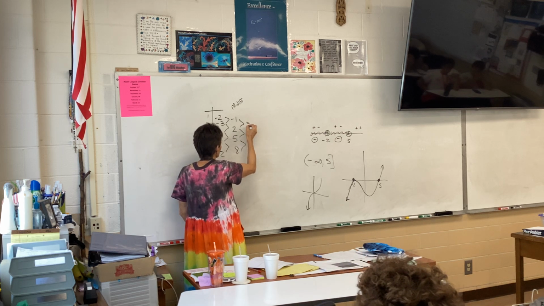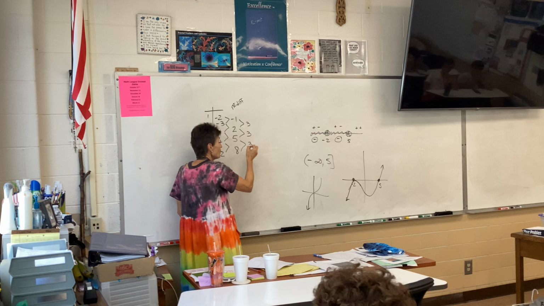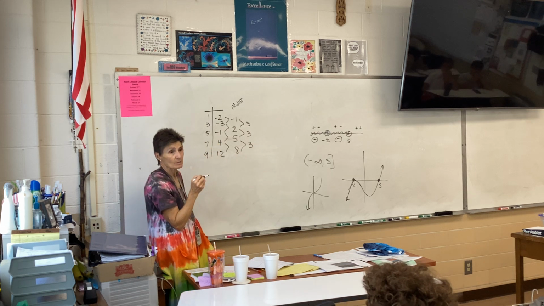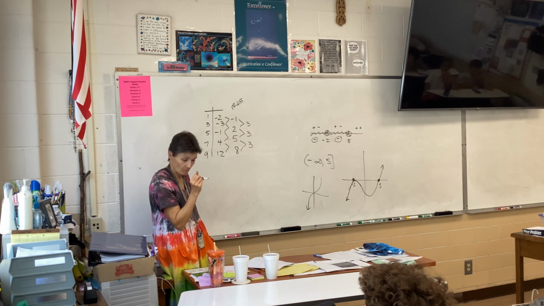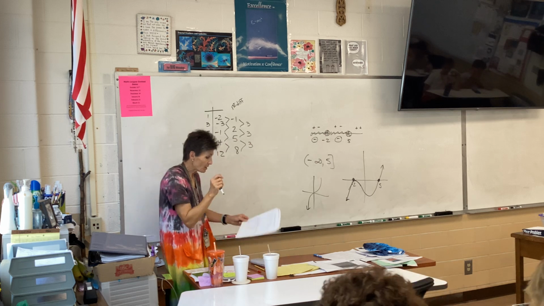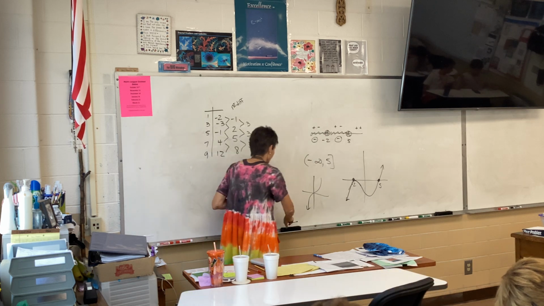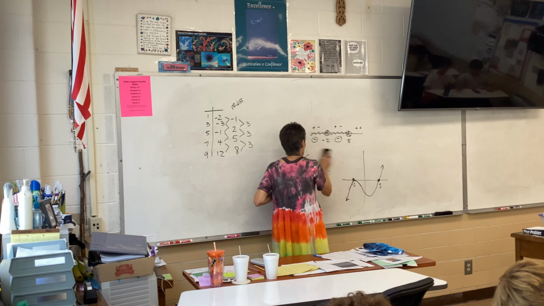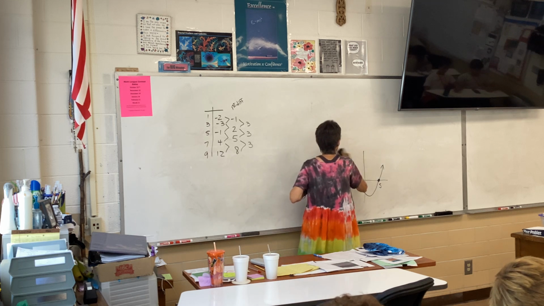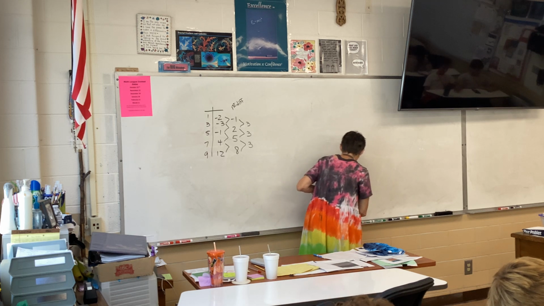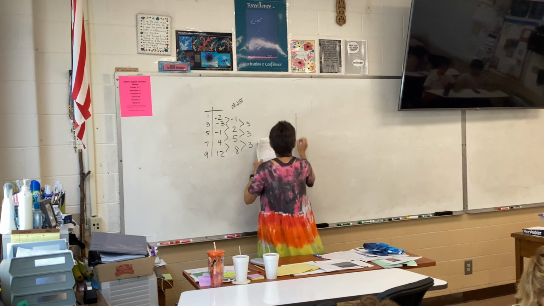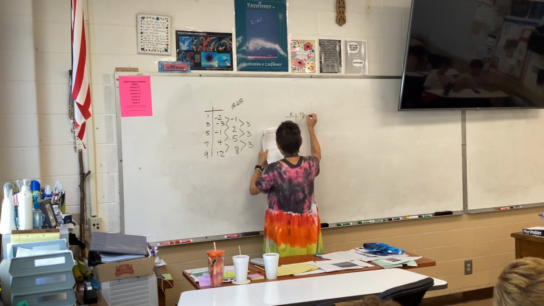That is 3. Oh, they match. So we have a quadratic. Okay. All right, you go ahead and do B. See what you can come up with for B. Again, the inputs, the x's, are evenly spaced. That is crucial.